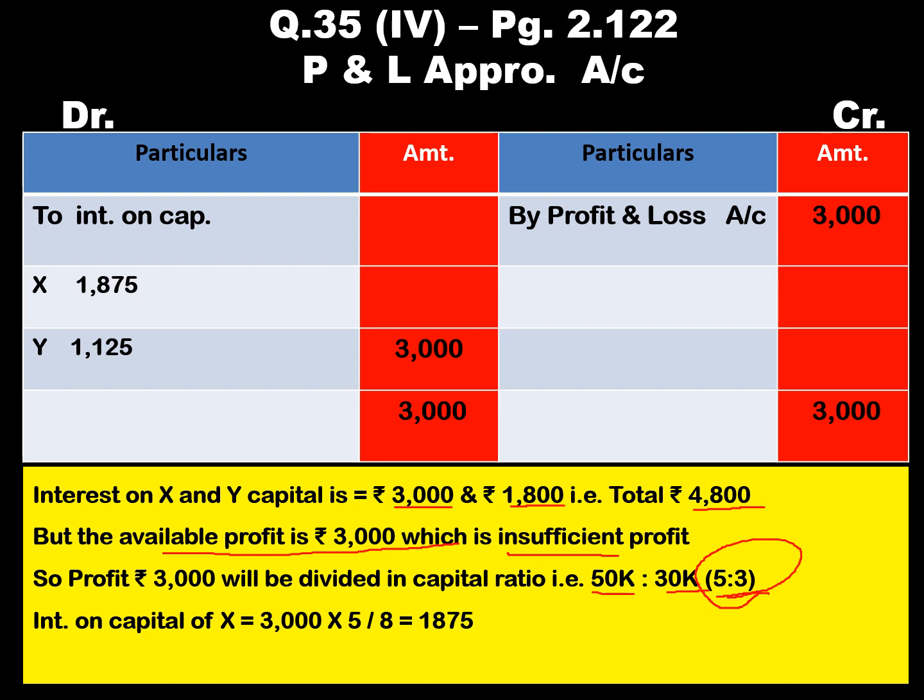So 3,000 is divided in the ratio of 5:3. X will get 1,875 rupees as interest on capital instead of 3,000, and Y will get interest on capital of 1,125 rupees instead of 1,800.